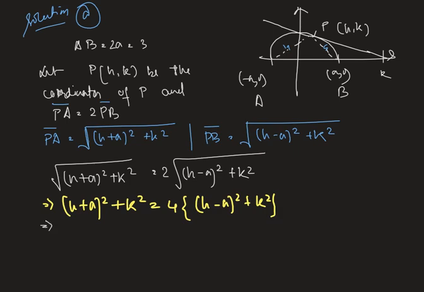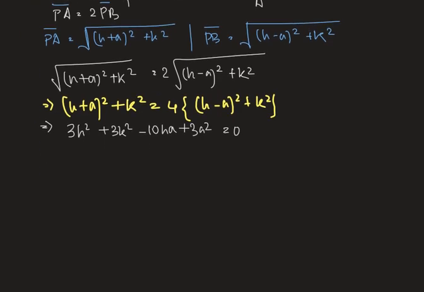So after expanding this, we get 3h square plus 3k square minus 10ha plus 3a square is equal to 0. Therefore the locus of P is x square plus y square minus 10 by 3 ax plus a square is equal to 0.